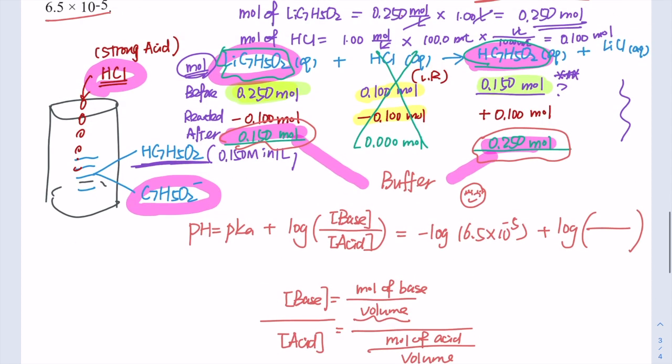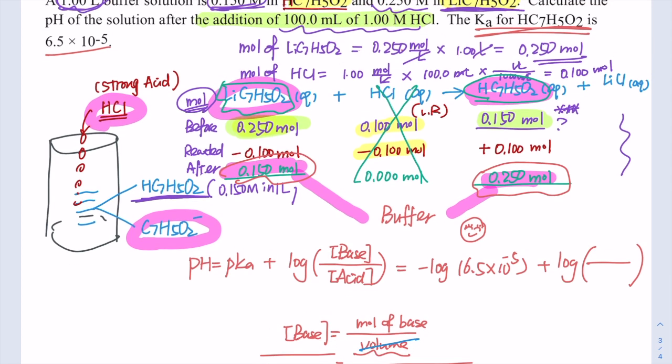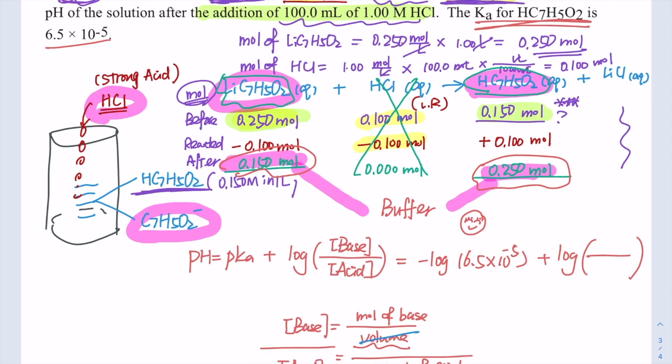Since the buffer is in the same solution, the volume is the same value. So the ratio of the concentrations equals the ratio of the moles. Therefore, when you use Henderson-Hasselbalch, the mole ratio equals the concentration ratio, so we can directly use that mole information.